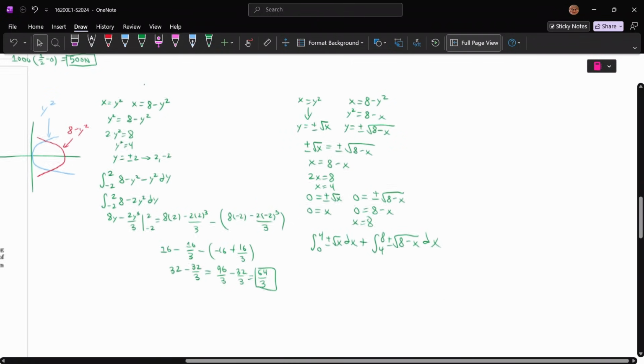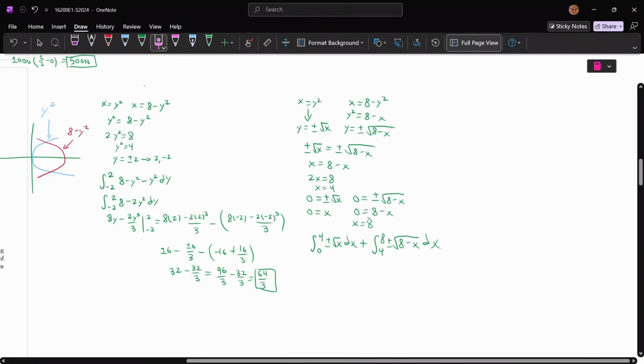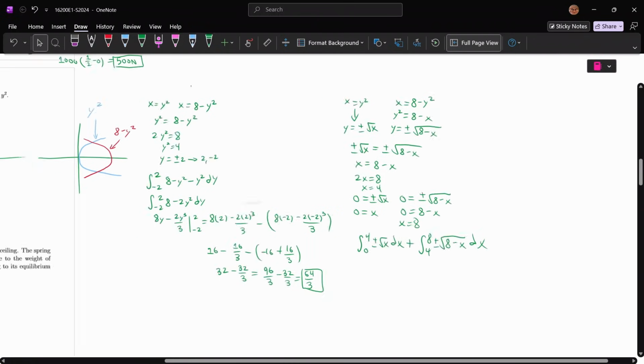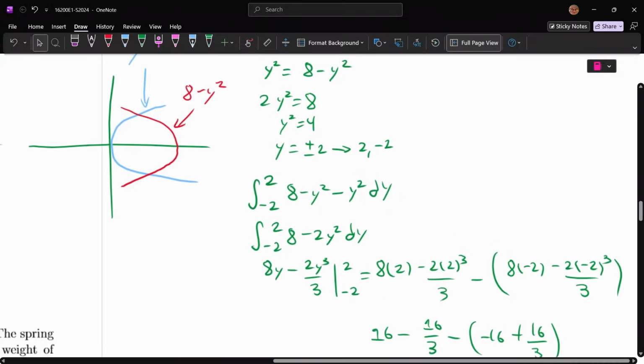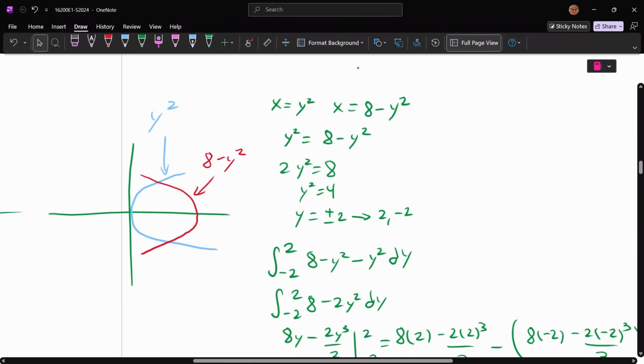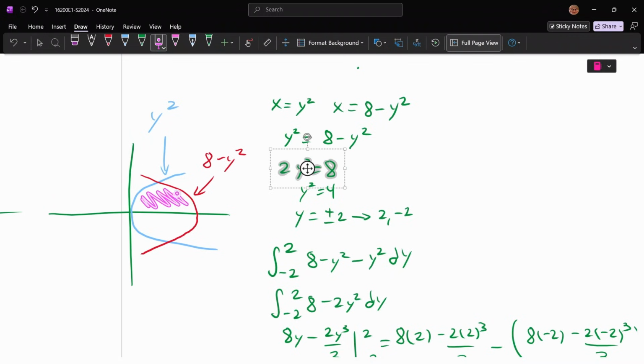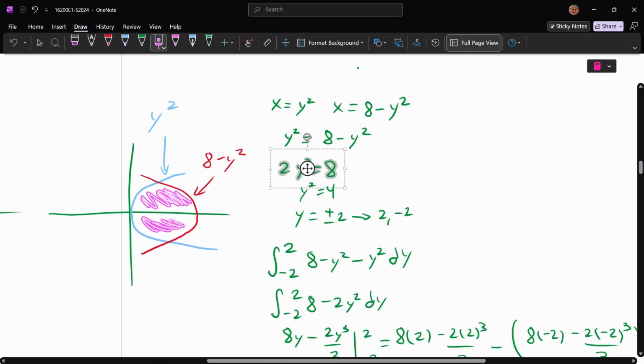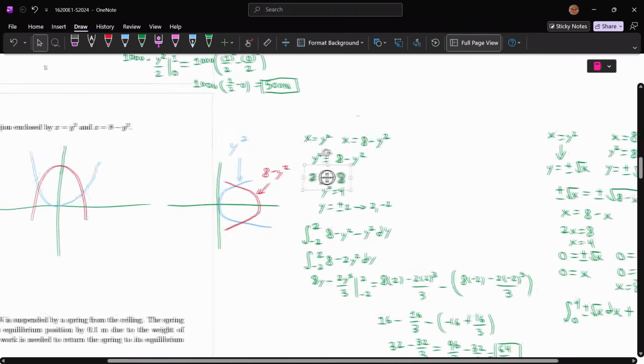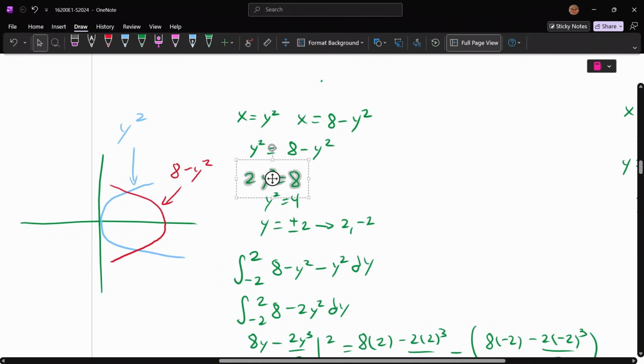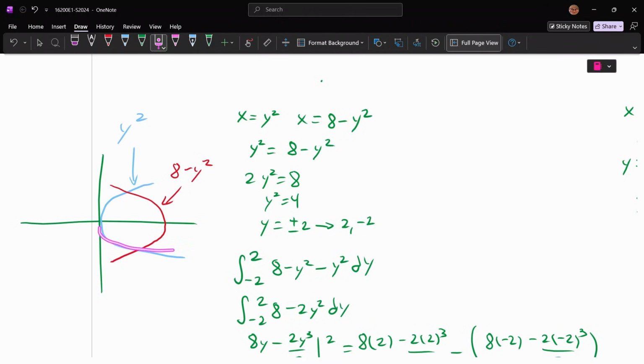The reason I said these plus or minus things were important is that when you integrate this with respect to x, the answer is only going to account for this side of the region and not this one. The plus or minus takes care of that. The plus side takes care of this side of the line, and the minus side takes care of that side of the line.